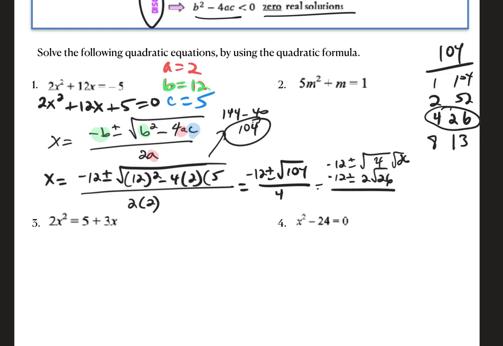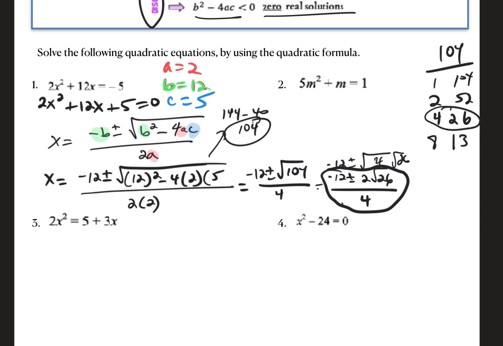That's it. So I'm actually just going to leave this like this. I'm sure I could simplify this maybe further. Actually, when I look at this, I really could simplify. Yeah. We'll just leave it like that. Sometimes when you have these in WebAssign and they're asking you to do these, they'll ask you to express the answers.